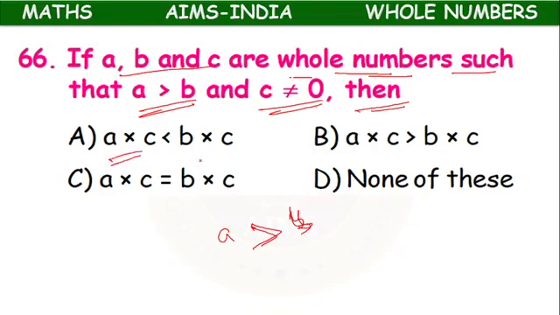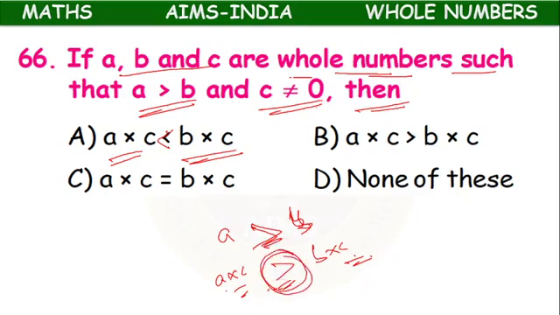If we multiply both sides with the same number, which is not equal to 0, then the relation will continue the same. A into C greater than B into C. So B option is the correct answer.